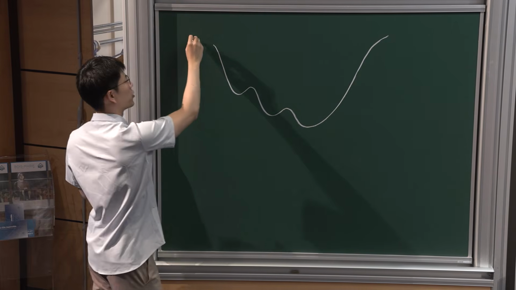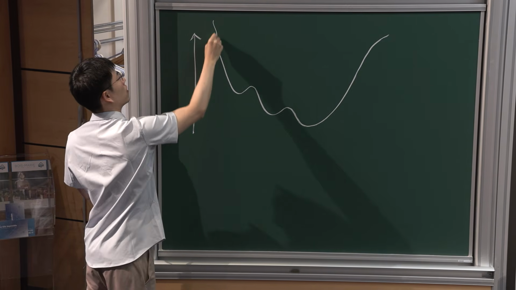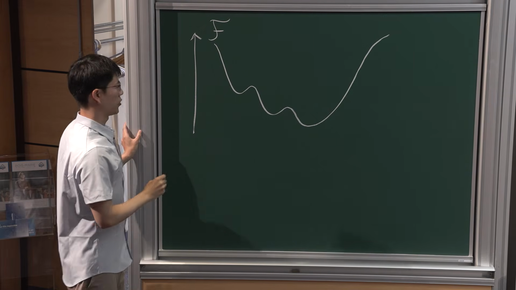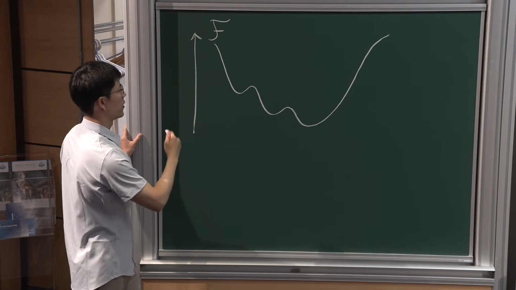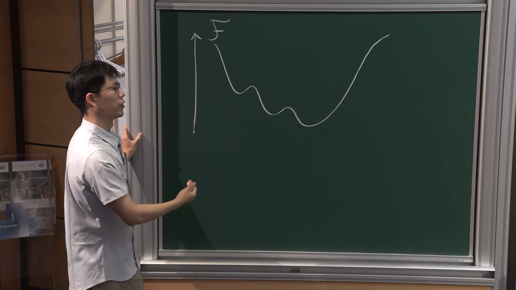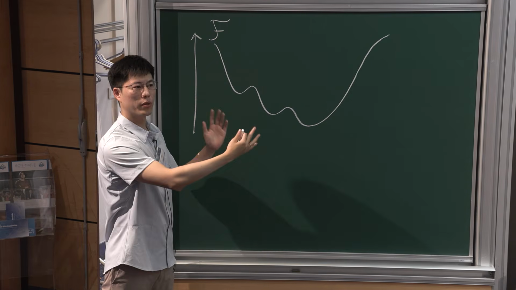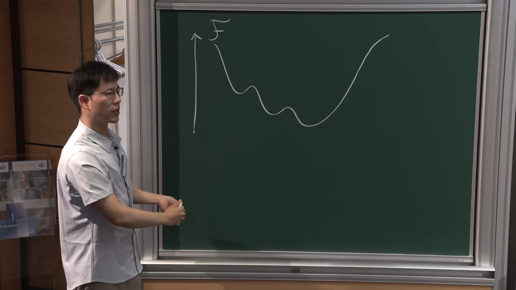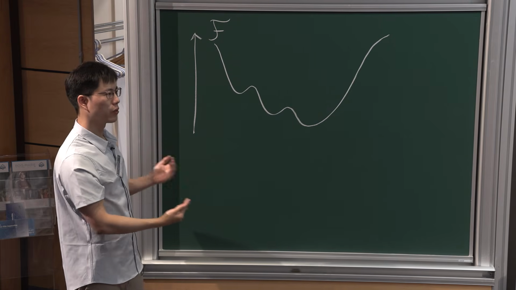So here's the cartoon picture I like to draw. What you often have is a functional. You can think of the functional as a way to measure the size of your object. Maybe it's a notion of energy, of area, or volume.